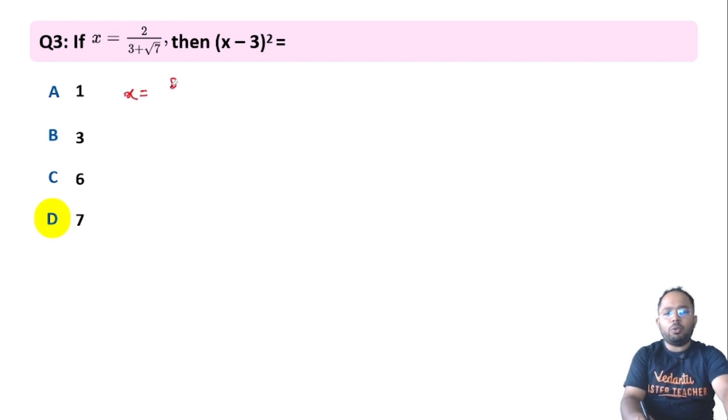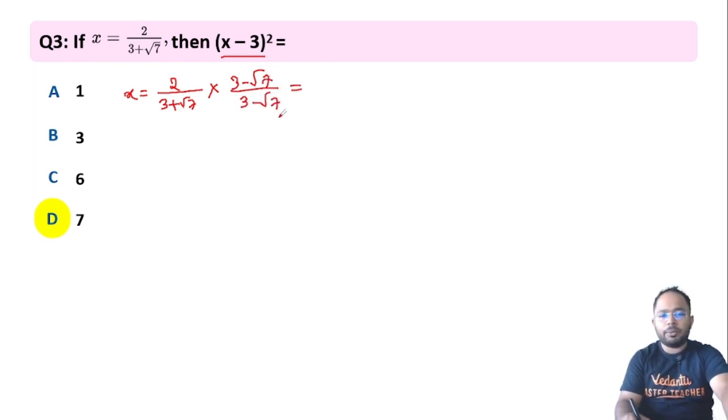x equal to 2 upon 3 plus root 7. Alright, now what is x minus 3 whole square? So let us first rationalize this part. So multiply by 3 minus root 7, as we can see the denominator has an irrational number.